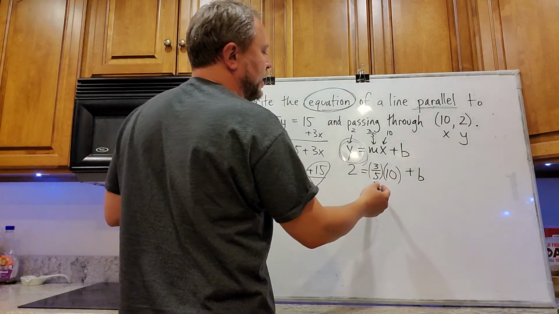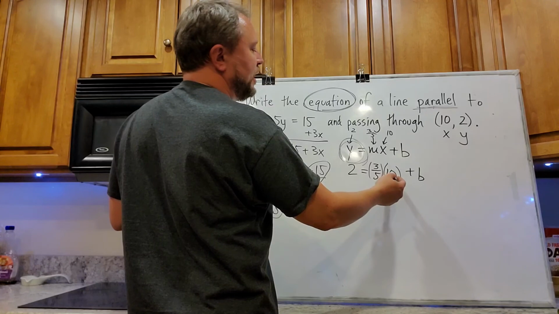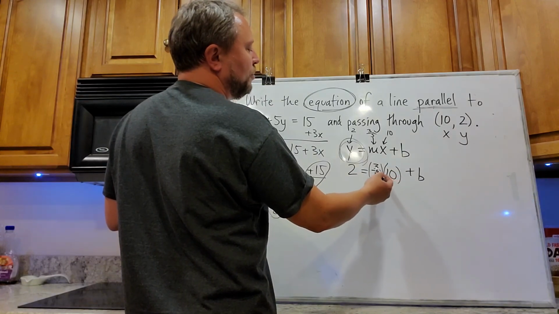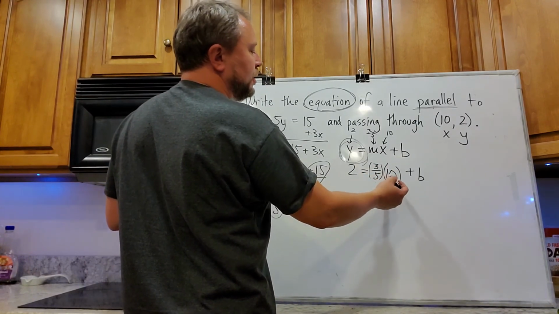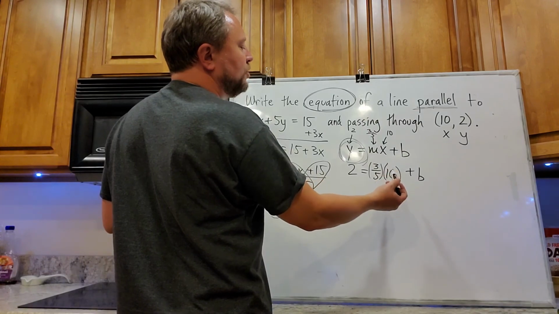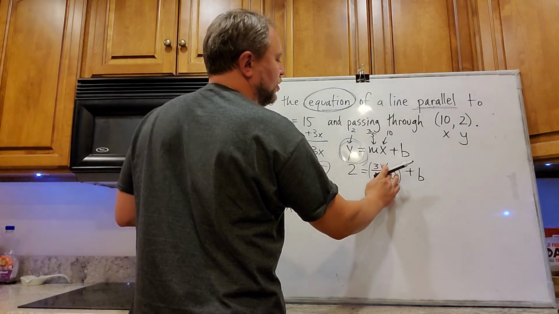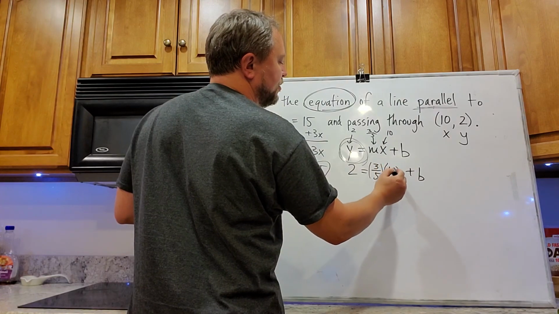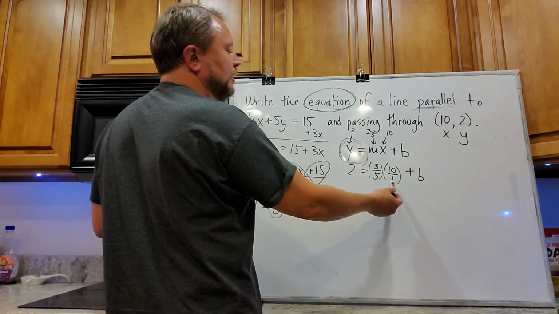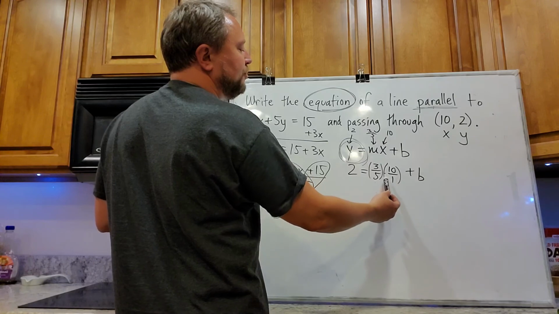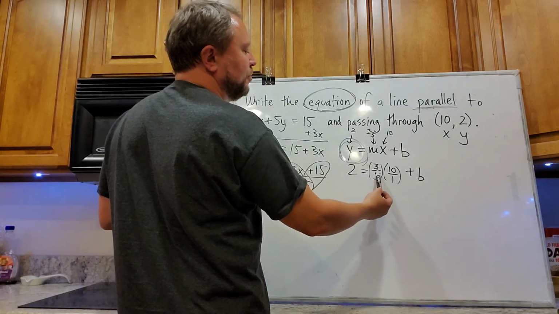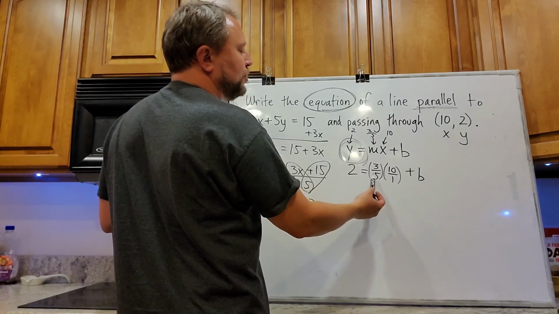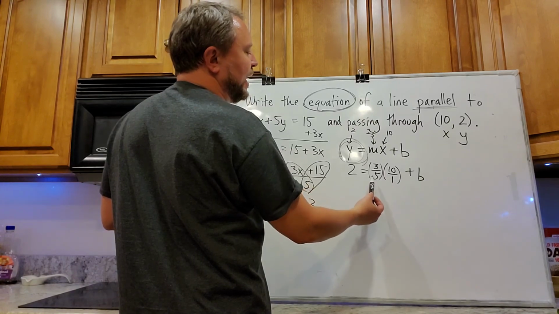All right, so let's do some math here. Since I want to multiply this 10 by the fraction 3/5, it would be easier if this 10 was also a fraction. So I'm going to call that 10 over 1. That's a fraction that would equal 10, right? By putting it in this form, it makes it easier to multiply, because I hope you see that we could do some canceling.